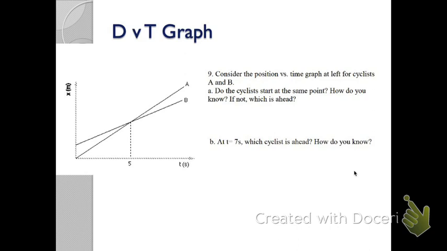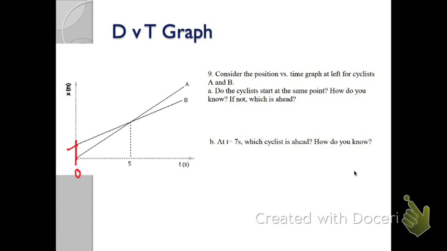So let's figure out, do the cyclists start at the same point? Say it together. What do you think? Yes or no? No. How do we know that they don't start at the same point? Are their y-intercepts the same? Right? Because their starting point is here, right? T equals 0. And so my starting points are not the same, right? My y-intercepts of those lines are not the same.